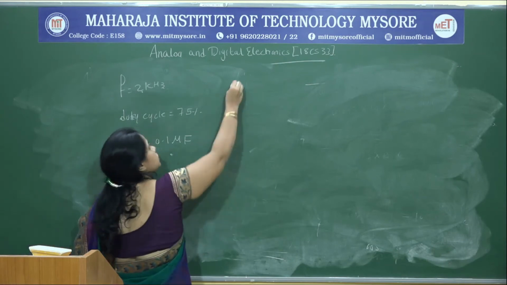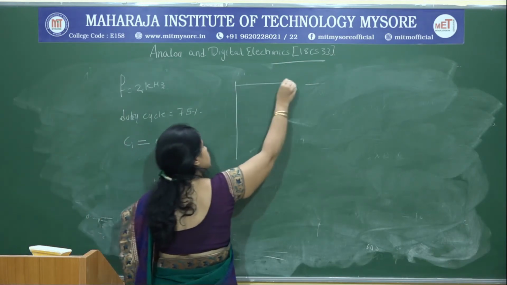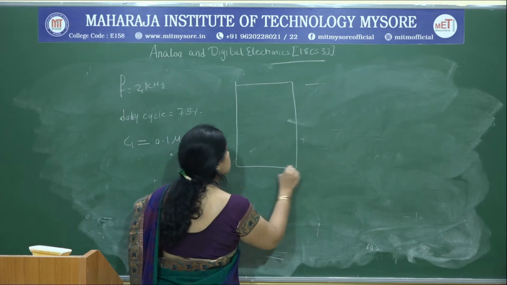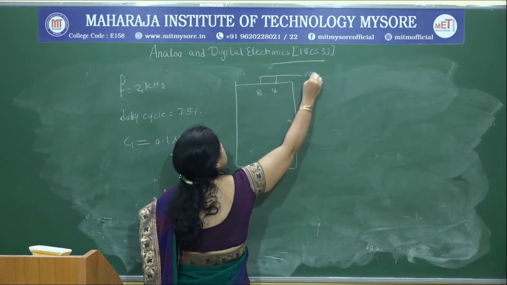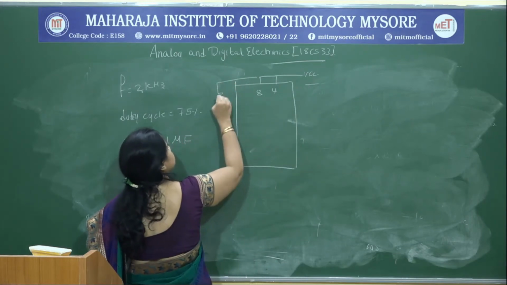So, first I will just write the circuit diagram of an astable multivibrator. So, we have pin numbers 8 and 4, which are connected to VCC.